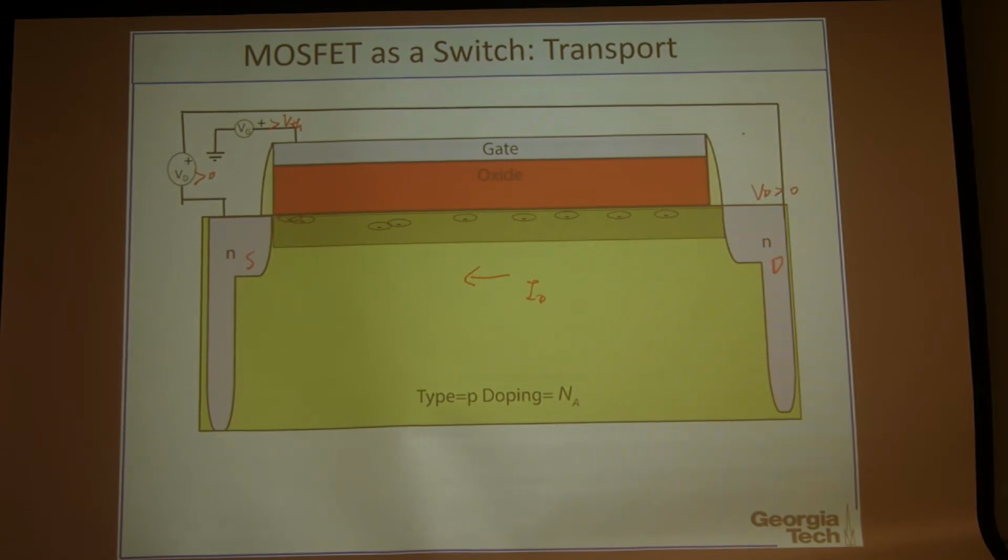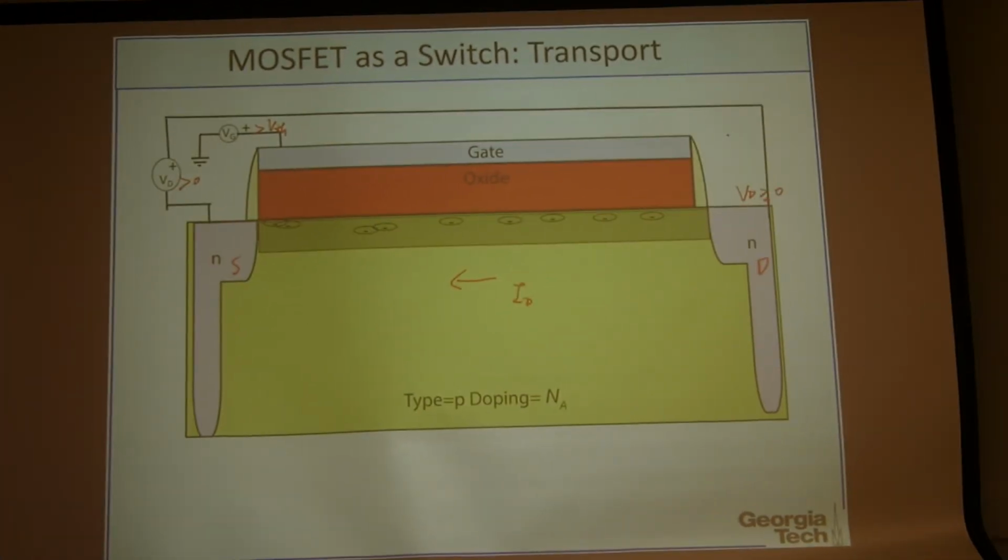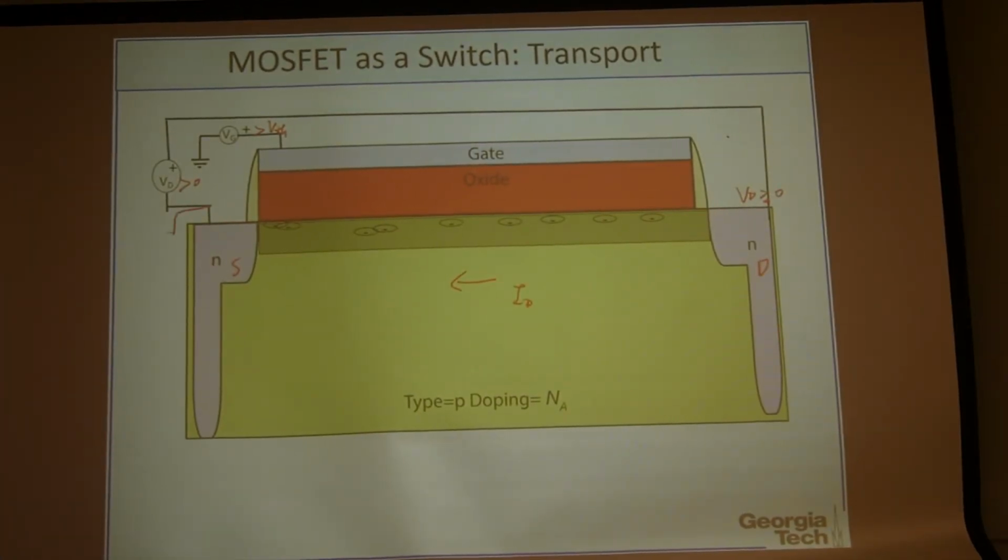So in this example, if we apply positive voltage to the left-hand side, then this left-hand side will become the drain. The reason here, this is the drain, is because we apply the drain voltage positive here, and this side is ground. But if we reverse the voltage polarity, then the source and the drain definition will also change.